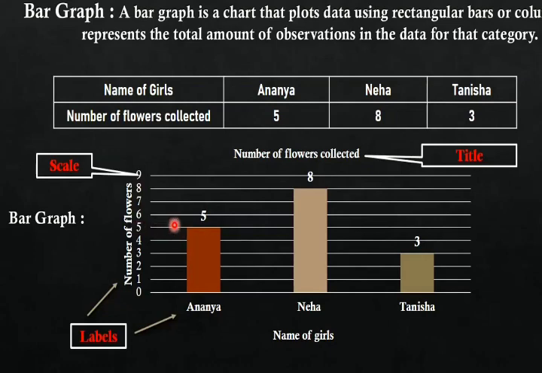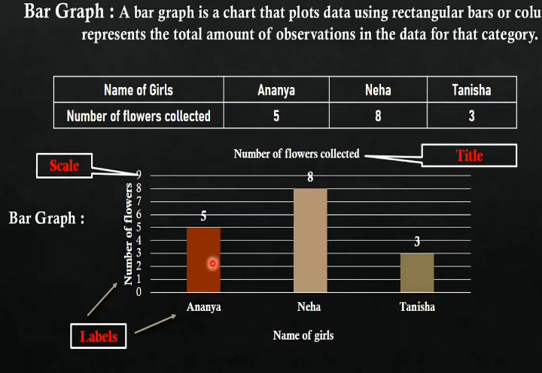This bar graph is about the number of flowers collected, and the labels give us the information about who collected the flowers and how many they collected.